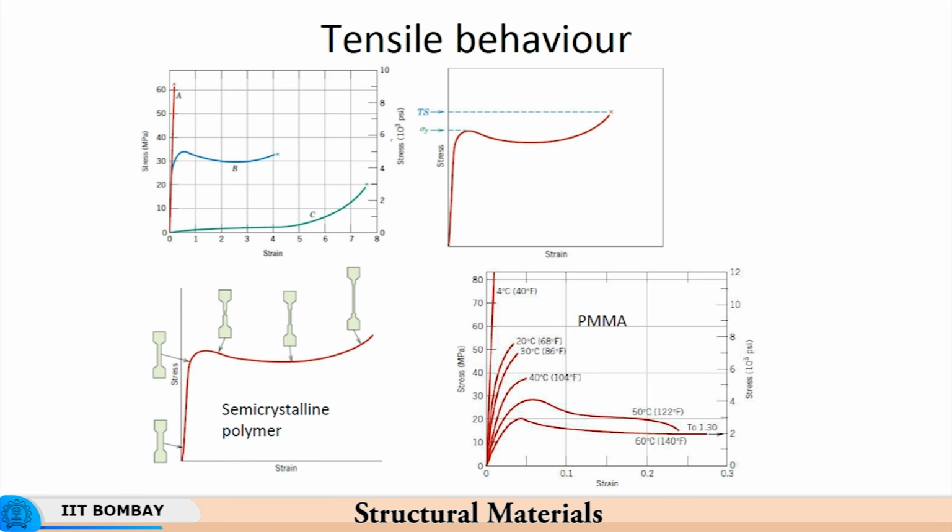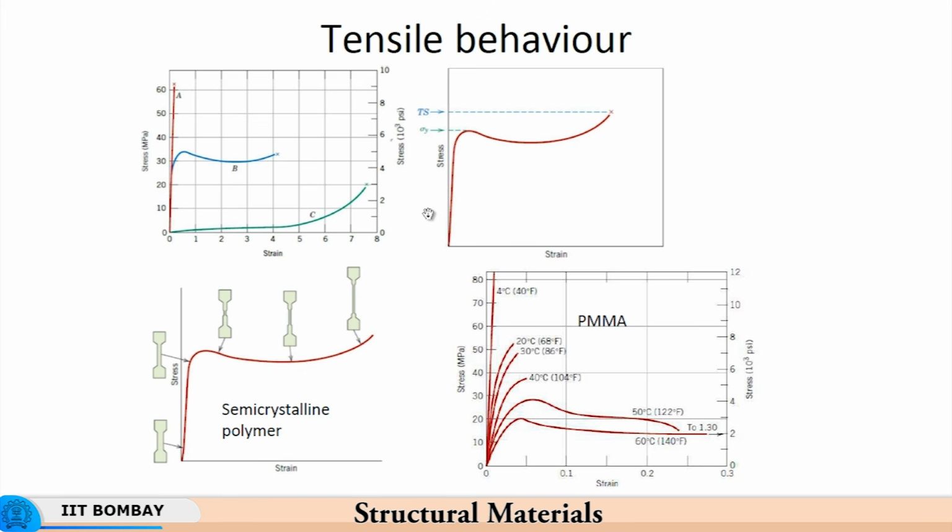Once the material has reached the yield point, these things happen very fast. And then you see there is a final breakage at a slightly higher stress than the yield stress, and that's how you measure the properties of the material.